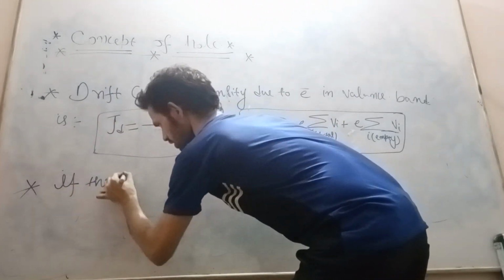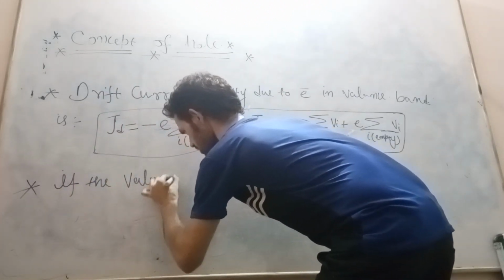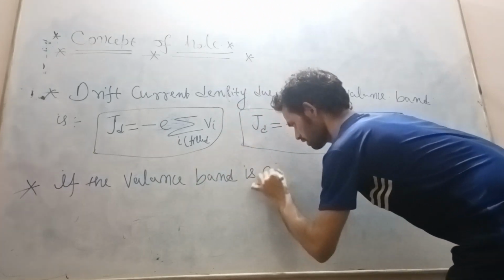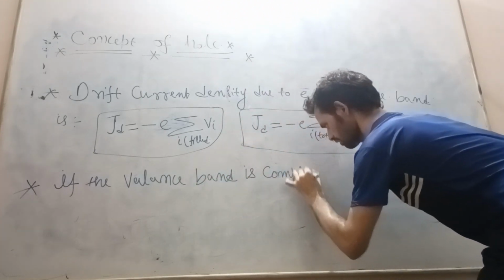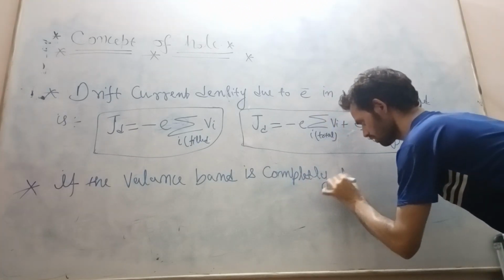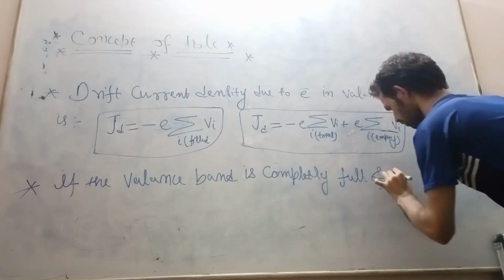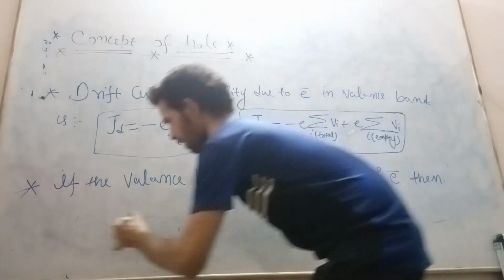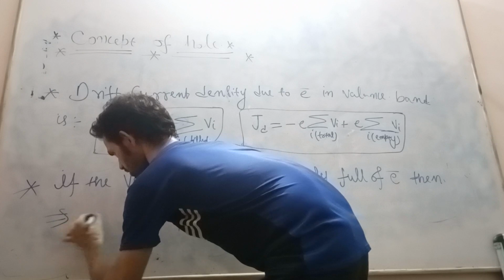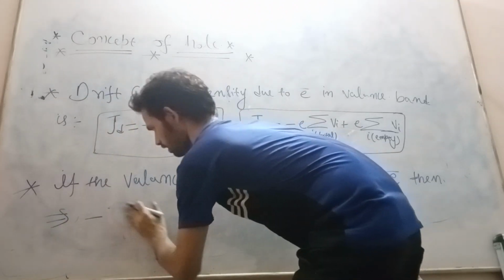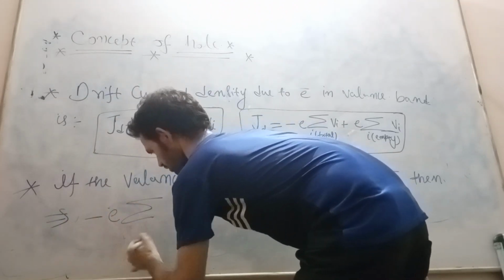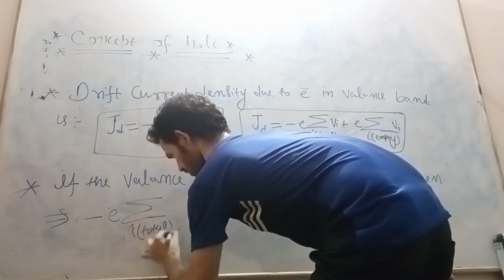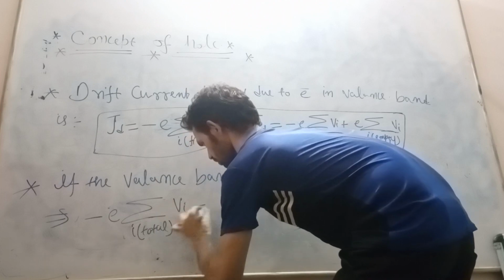If the valence band is completely full of electrons, then this implies that the current due to electron, minus e summation over i of v_i for all states, is equal to zero.